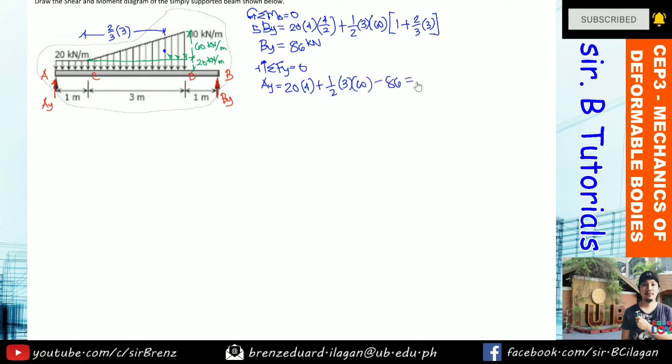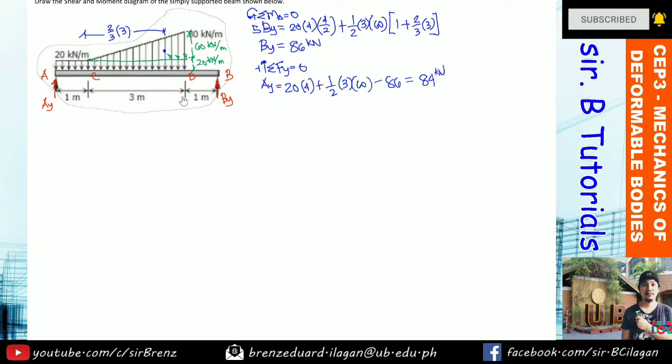So we will have a value of AY, which is equal to 20 times 4 plus 1/2 of 3 times 60, and then minus 86. So the answer for AY is equal to 84.